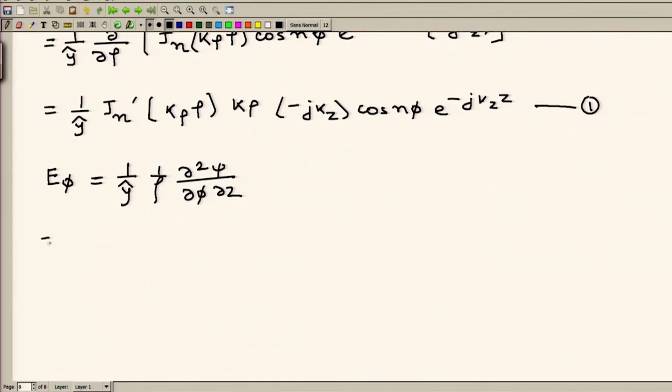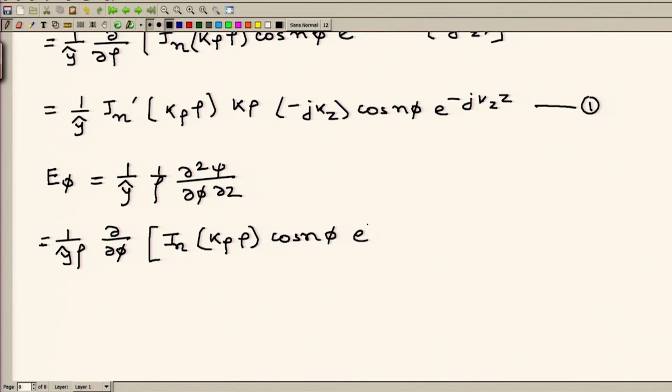So, this will give us 1 upon y cap rho del phi of, at first with respect to z. So, this will be Jn k rho cos of n phi e to the power minus j k z z, minus of j k z.